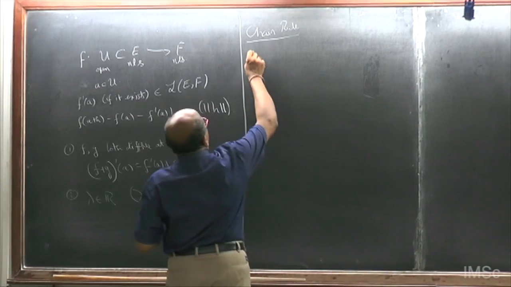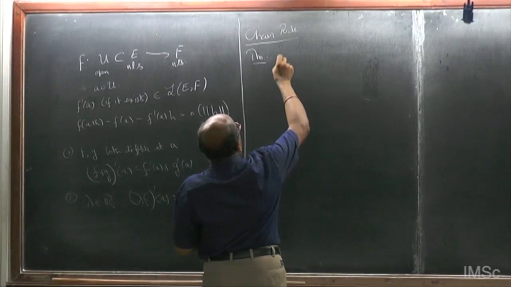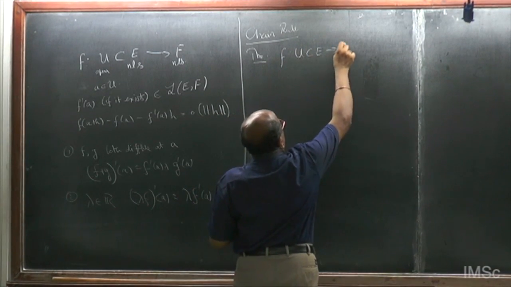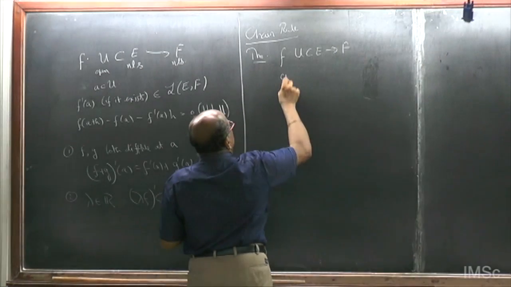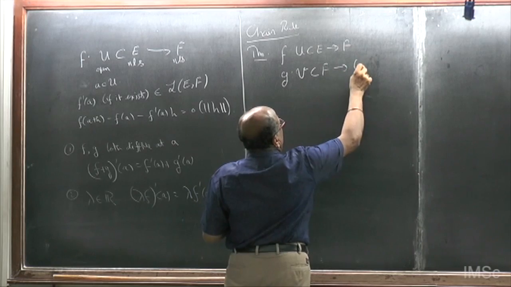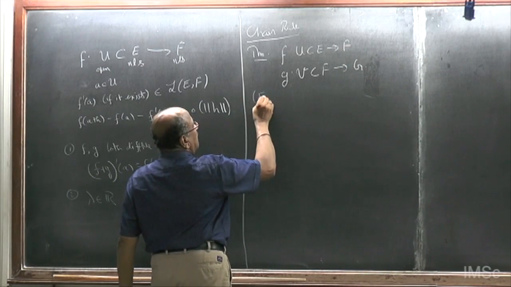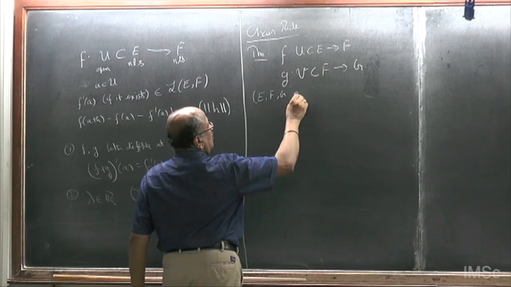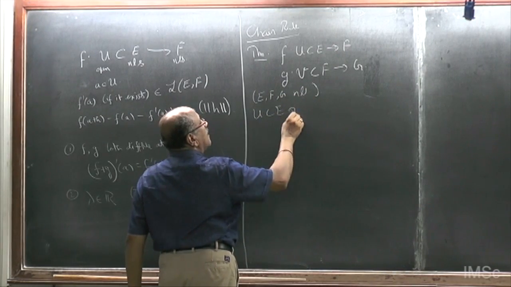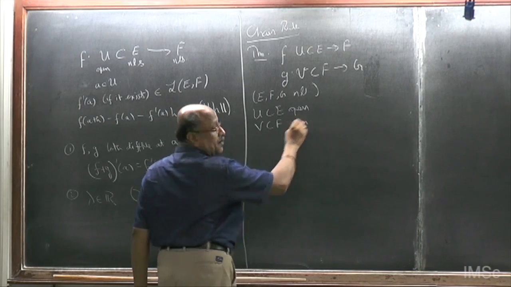So, theorem. f from U contained in E to F, g from V contained in F to G. Here E, F, G are all non-linear spaces, U in E open, V in F open.